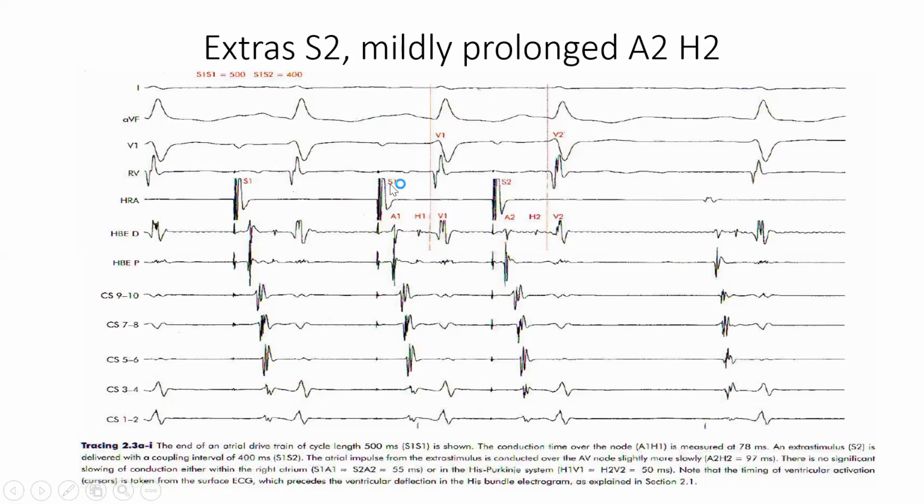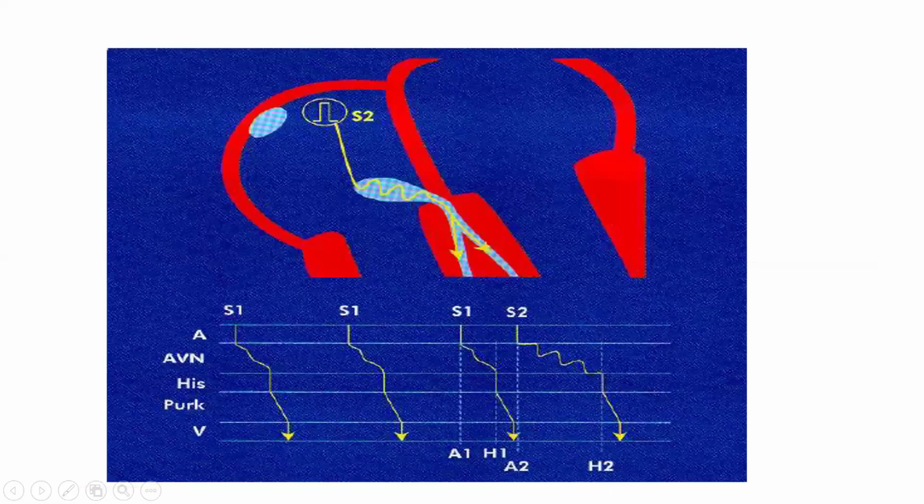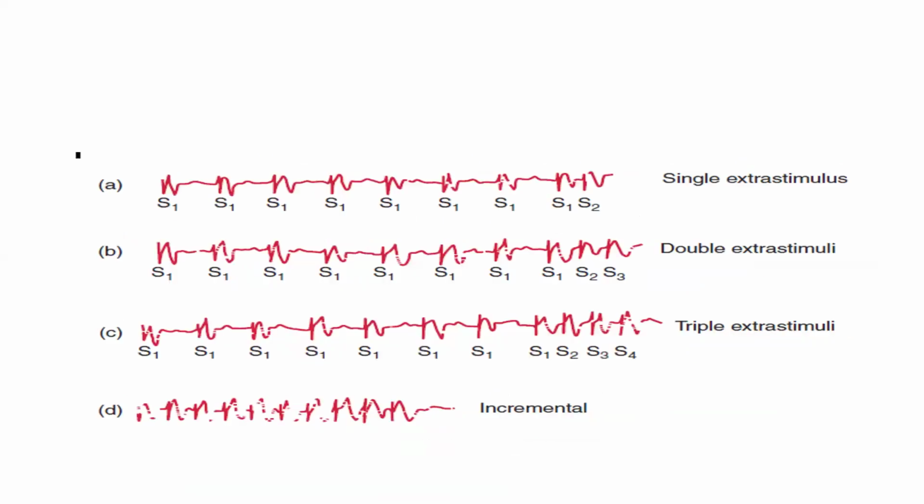If you are pacing at a particular rate S1, you have A1, H1, V1. If the pacing becomes shorter, it goes to A2, H2, V2. If it's far shorter, it will be S3, A3, V3, and things like that. This just shows that your pacing rate is changing. We will further buttress this, but I needed to bring in this term so that we understand the pacing rate can be changed.